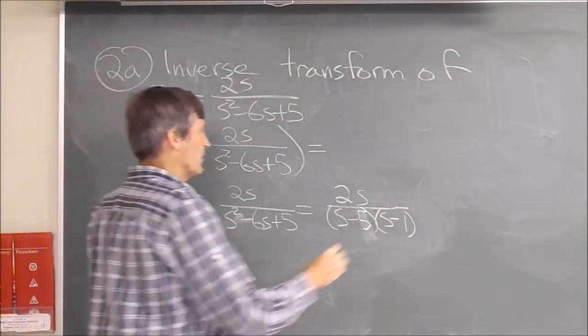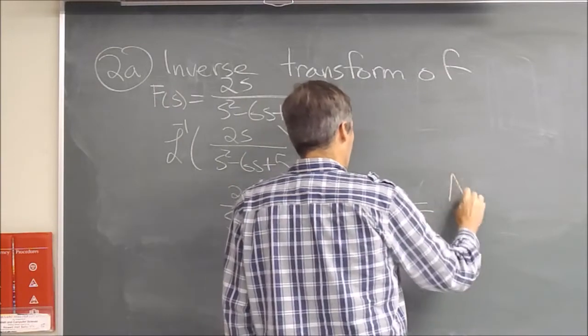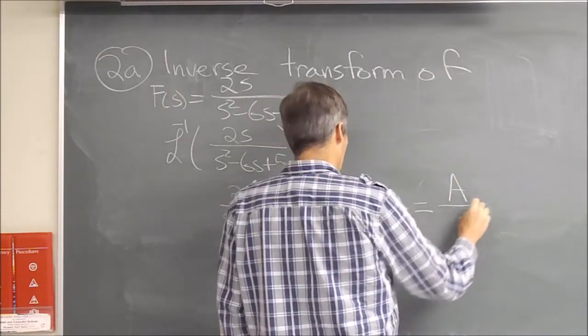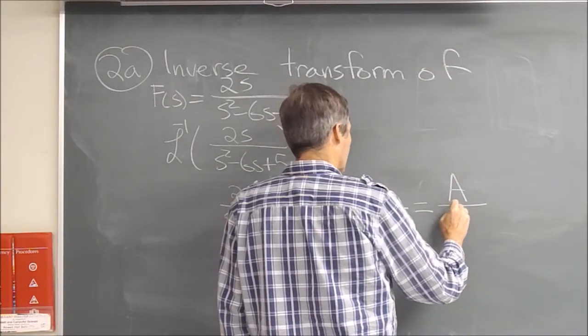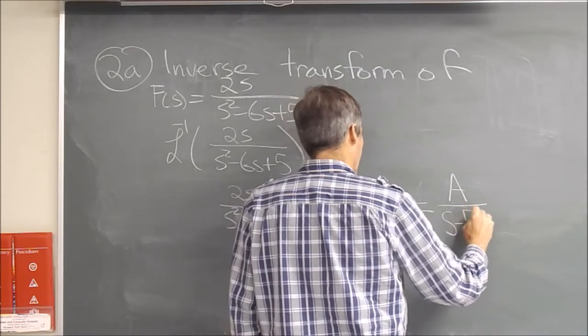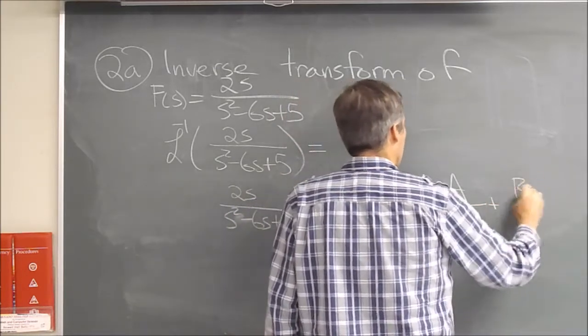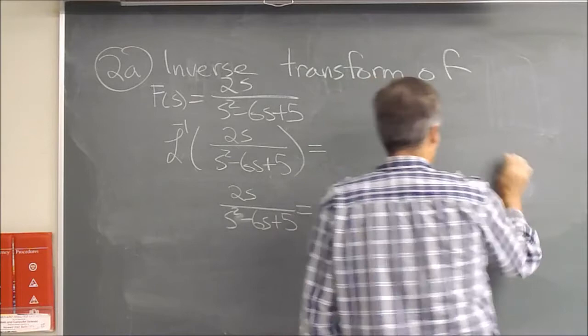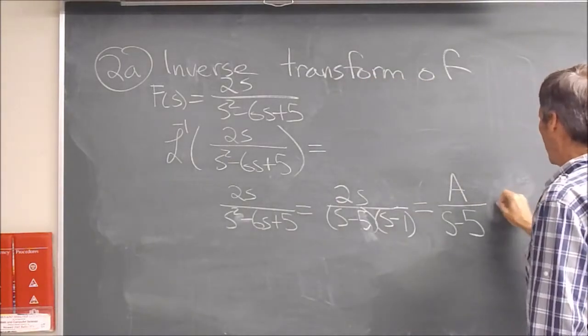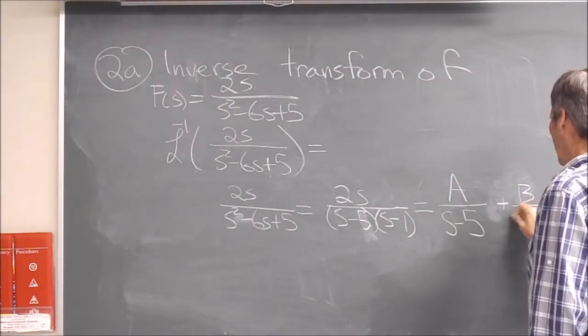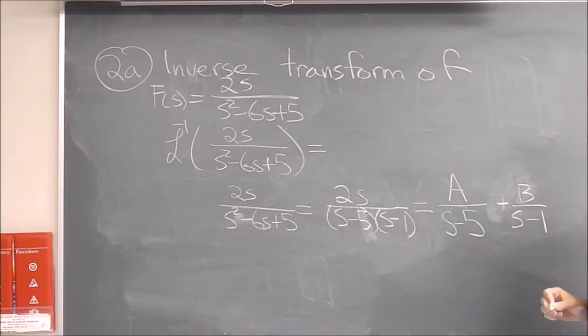And therefore by partial fractions you can write this quotient as A over s minus 5 plus B over s minus 1 for some A and B.